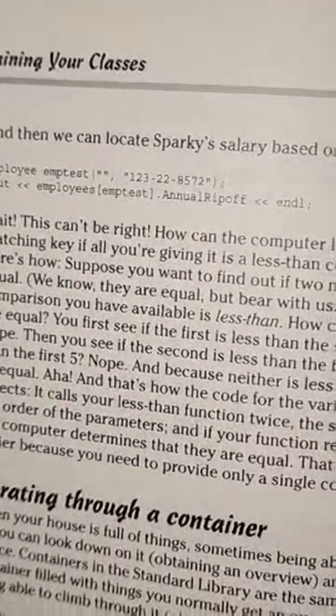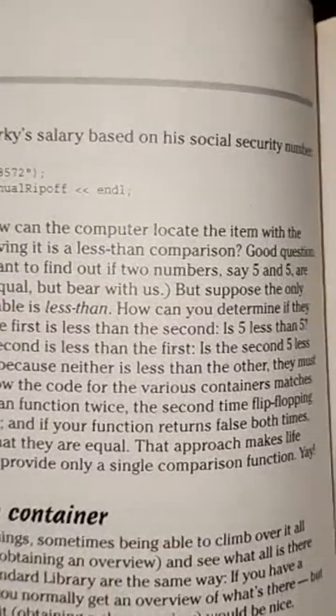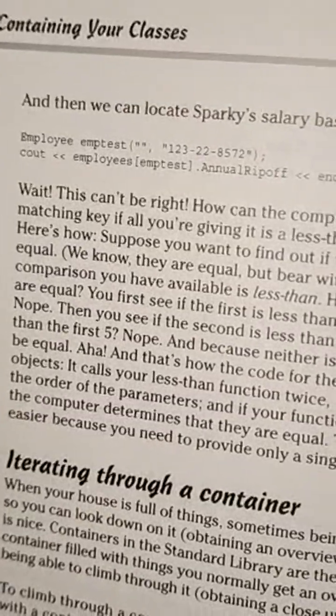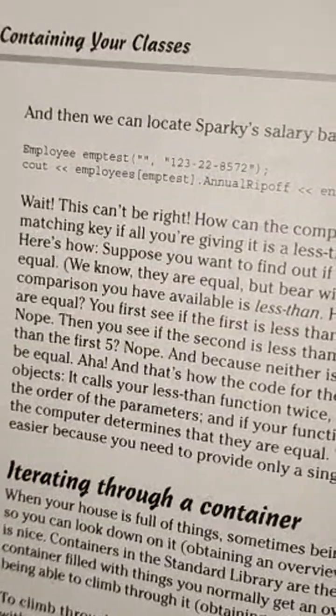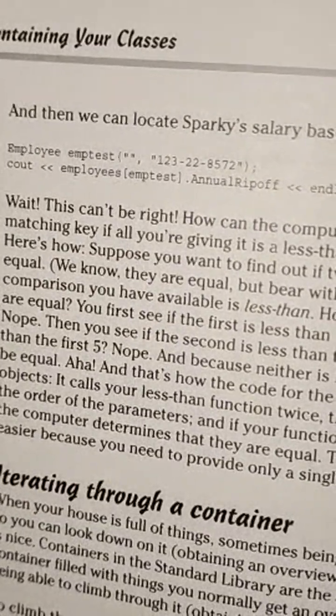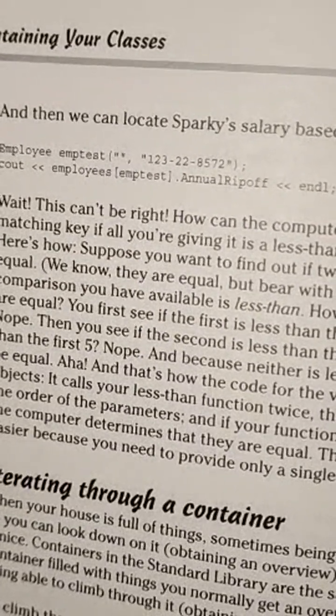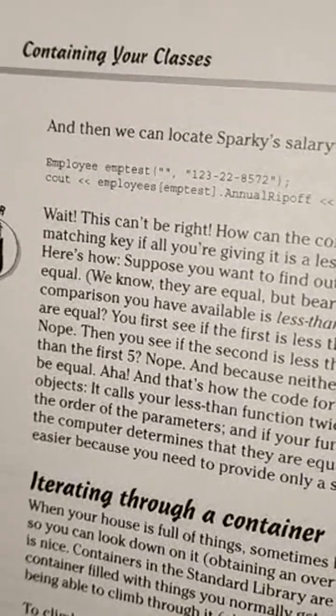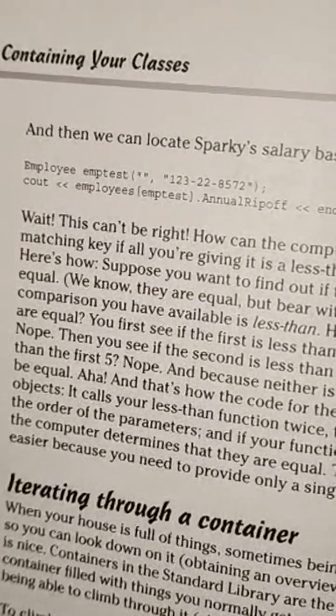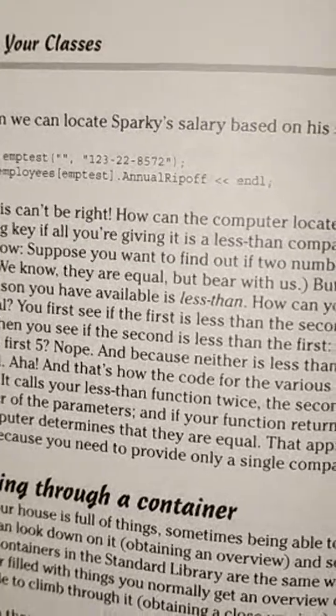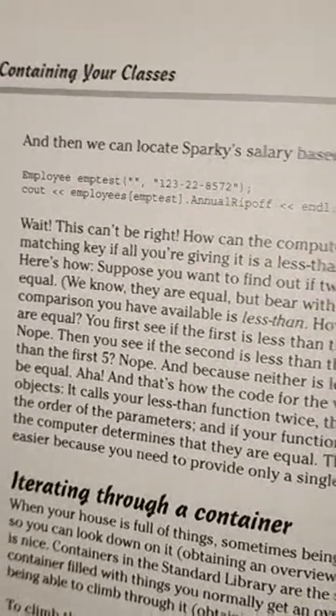And then we can locate Sparky's salary based on his social security number: Employee imtas with empty quotes and 123-22-8572, cout employees imtas annualPay.